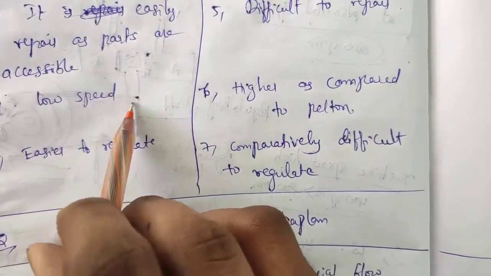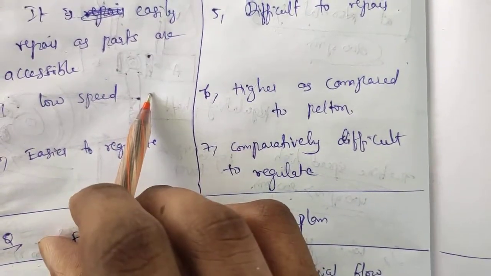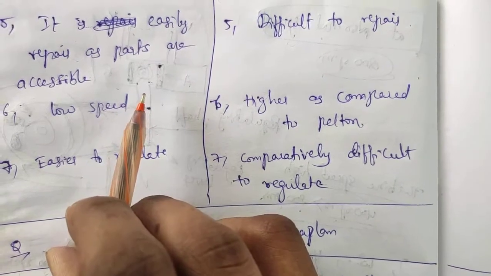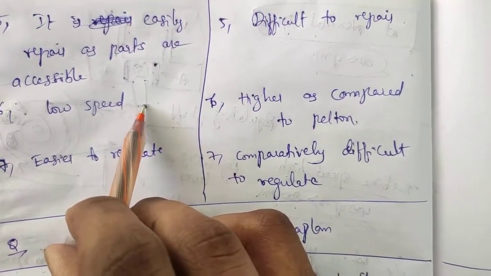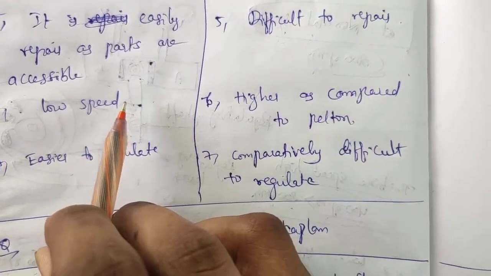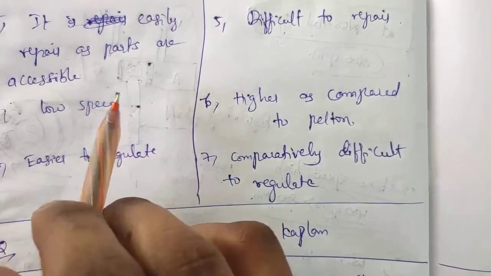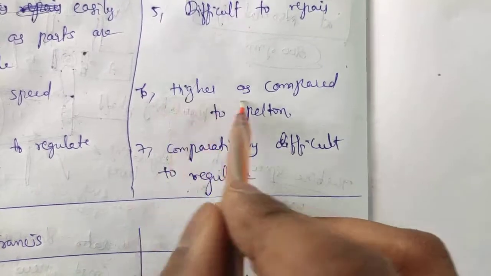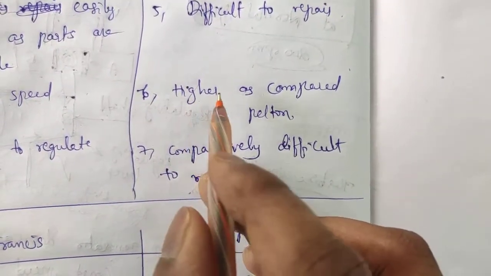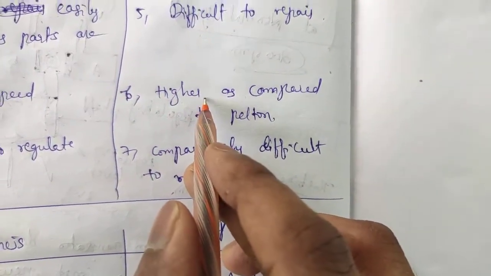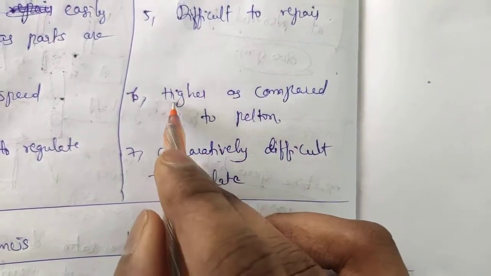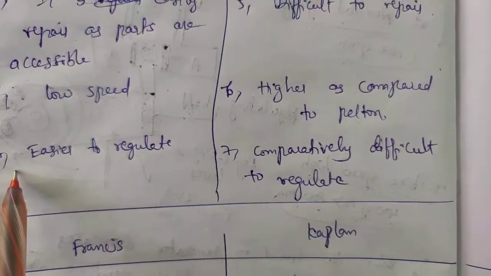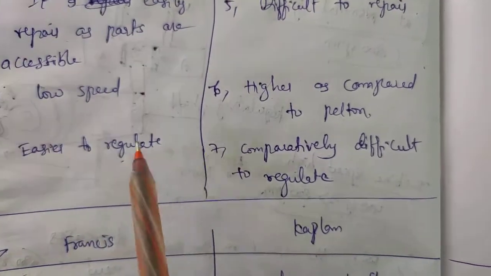So in the Pelton wheel we use a jet of water, and the discharge from the nozzle is also less. So due to less flow rate of water, we obtain less speed. In the Francis turbine, flow rate of water is more, so that we obtain higher speeds as compared to Pelton wheel.